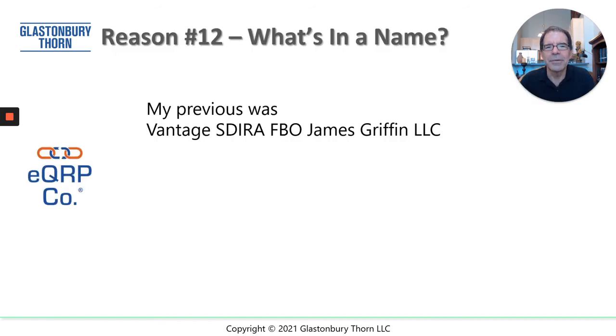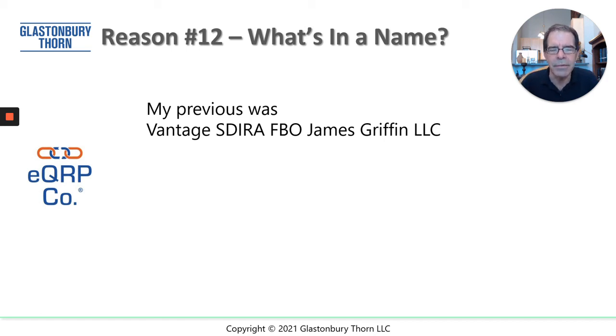Reason number 12: what's in a name? I made a decision that I ended up regretting, where I had created a name for my account with the LLC name that clearly showed it was a retirement account, with even my name on it.